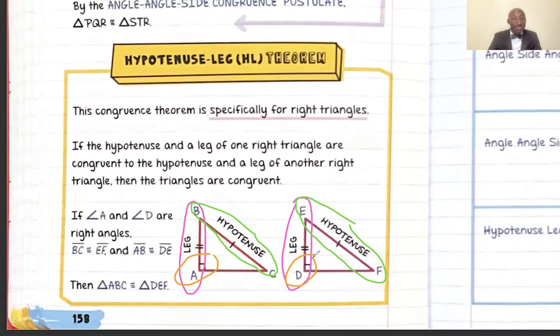Then triangle ABC is congruent to triangle DEF. So as long as you have a right triangle and one leg in each triangle is congruent, and the hypotenuse in each triangle is congruent, then you have a hypotenuse leg system of congruence.